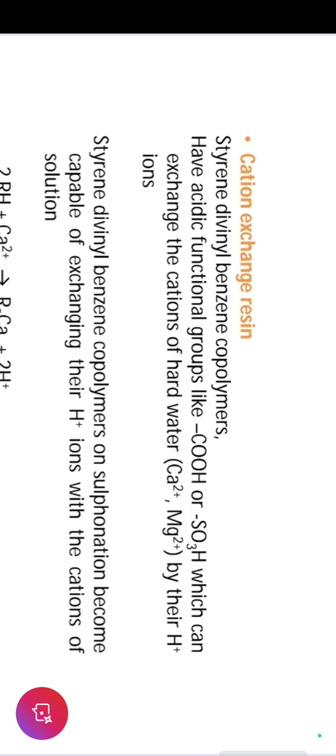The cation exchange resin is represented as RH2, containing an alkyl group, for example styrene divinyl benzene, which is a polymer. Through sulfonation it becomes capable of exchanging its hydrogen ions with the cations of the solution.